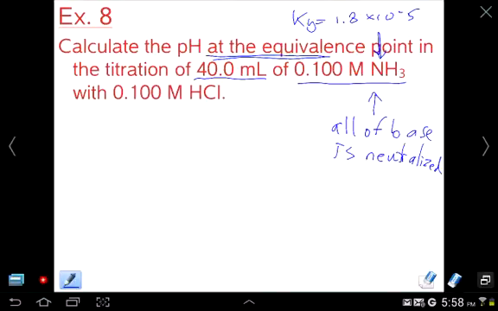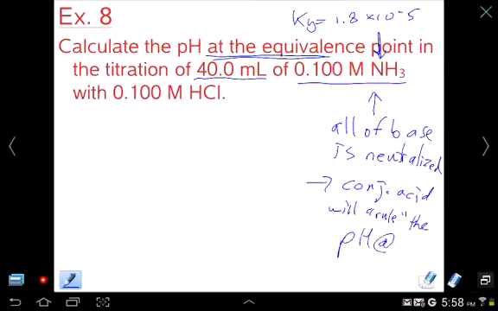Because all the base will be neutralized, what we'll have left over is conjugate acid. Conjugate acid will rule the pH at the equivalence point. This is a good thing to remember before we get into this titration. Again, we're trying to hit the equivalence point exactly.